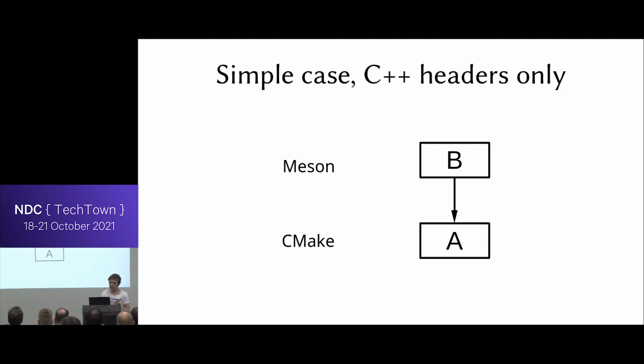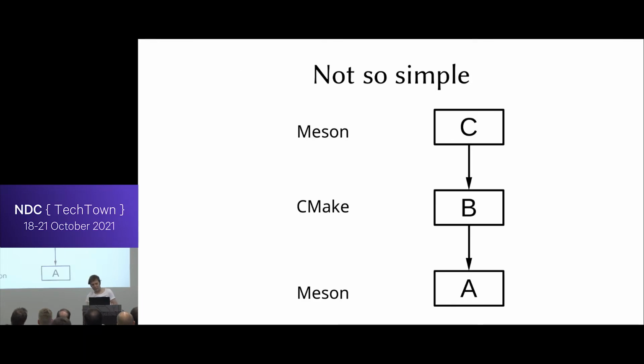As a simple case, you use a C++ header-only library: you have an application compiled with Meson, say, and then you have a CMake subproject. This is actually quite simple, because what you want is the -I setting to tell you where the headers are. And then you can use that. It works relatively well. But again, as you add more boxes, things get more complicated.